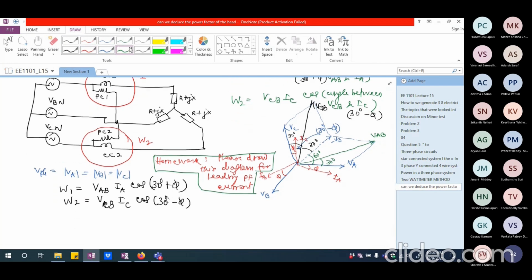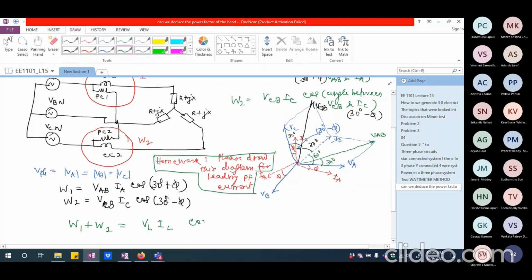So we said overall power previously, what we derived was W1 plus W2. So let us try to calculate what is W1 plus W2. That is going to be VAB, which is the line RMS value, multiplied by IA or IC, which will be the line current value, multiplied by cos of 30 plus phi and cos of 30 minus phi.